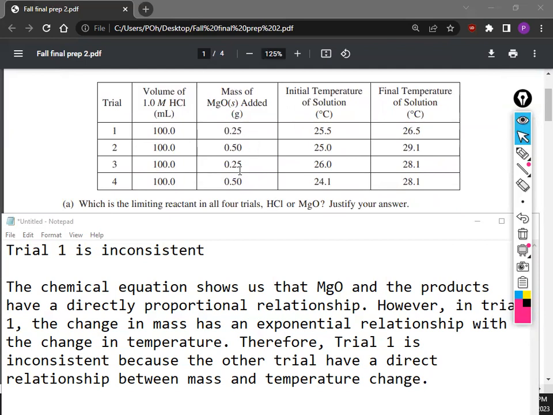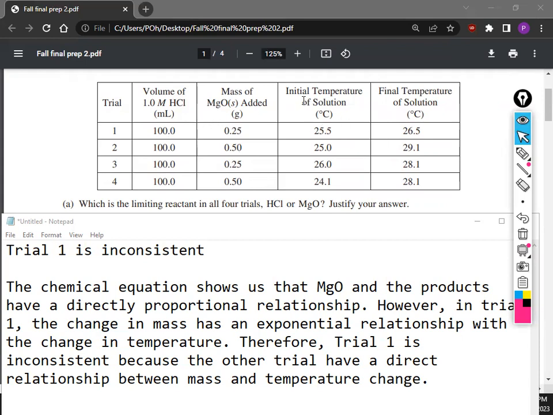Does that answer your question? Kind of, but how can you just ignore it? Because it's held constant. We're not changing it between each of the trials, right? It's always going to have the same amount. So it is going to affect the temperature change maybe a little bit, but the change is always going to be the same.